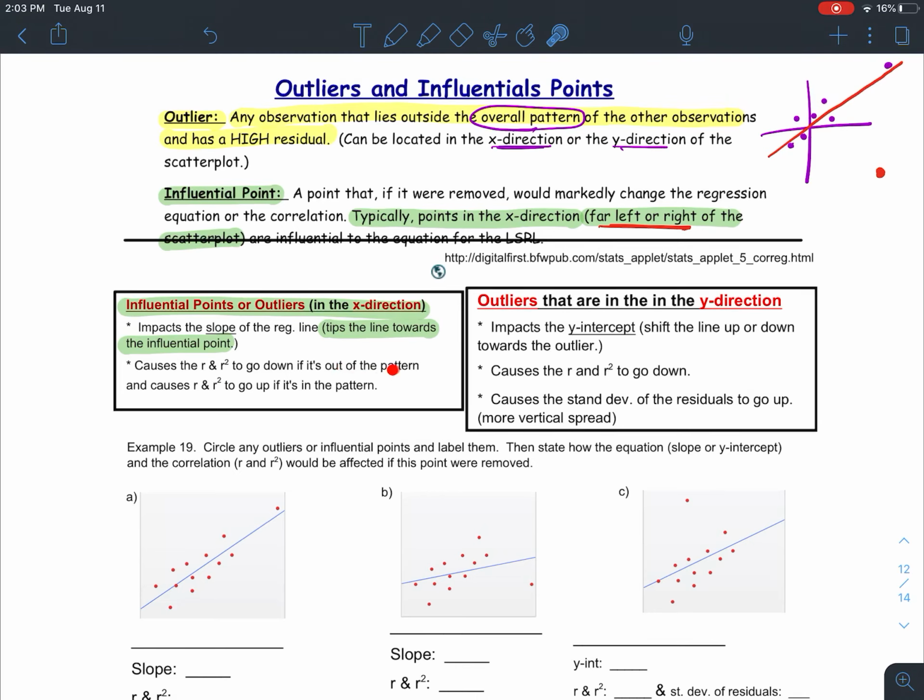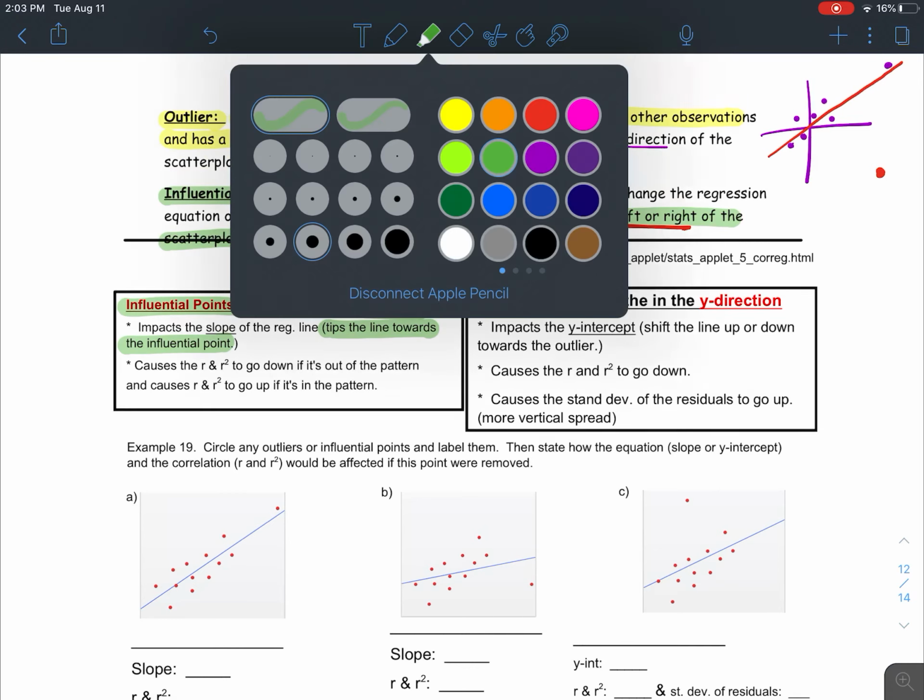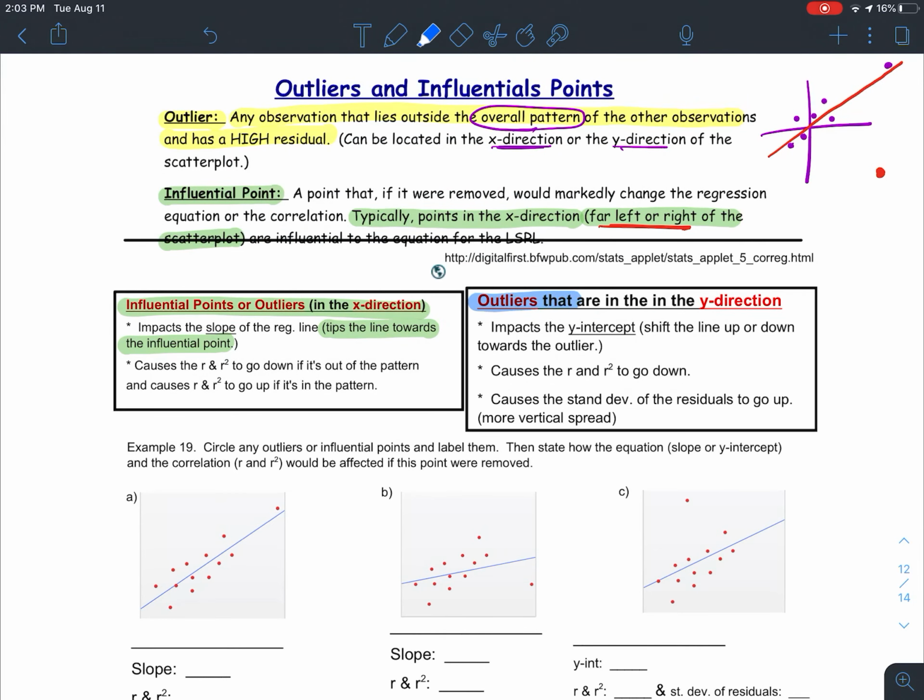Any of these points located on the far left or far right in the x direction will cause your correlation and your r-squared value to go down if it's outside of the pattern. But if it's inside of the pattern, it actually strengthens these two values, the r and the r-squared, okay?